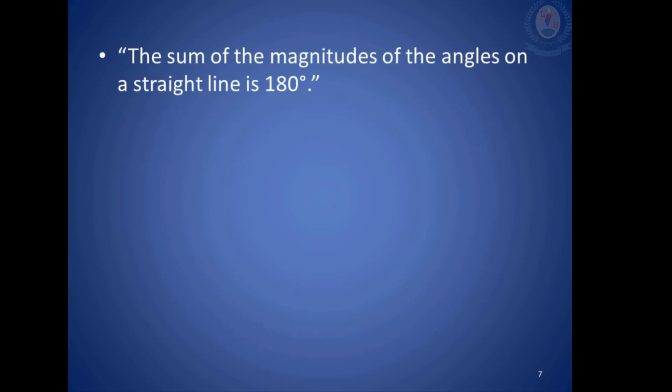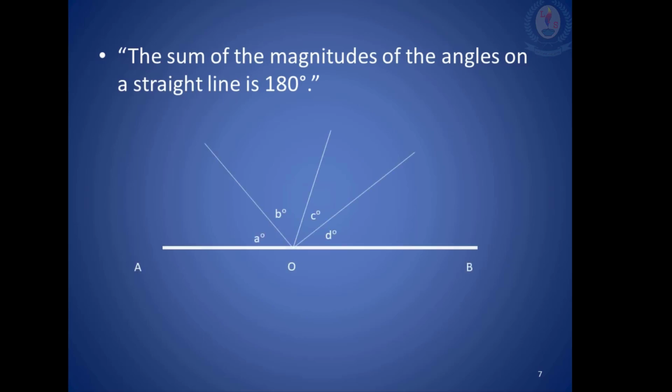The sum of the magnitudes of the angles on a straight line is 180 degrees. As an example, in this figure, four angles have been drawn at the point O on the straight line AB. The values of these angles in degrees have been denoted by a, b, c and d.